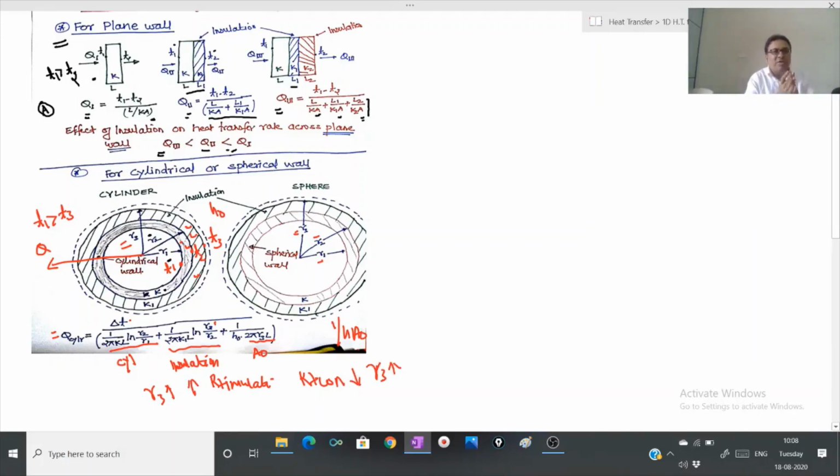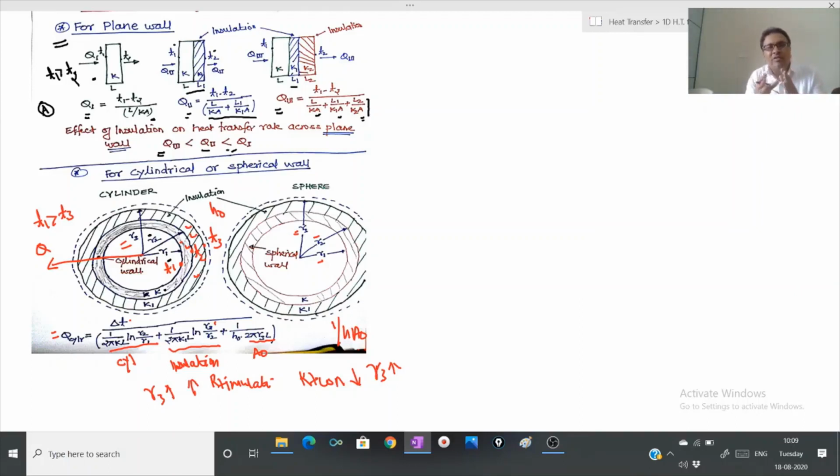So what is happening actually, when we provide insulating material over a cylindrical wall and increase the outer radius of the insulation, is that the conductive thermal resistance increases, but at the same time the convective thermal resistance decreases. And this decrease or increase of thermal resistance depends upon the value of R3.